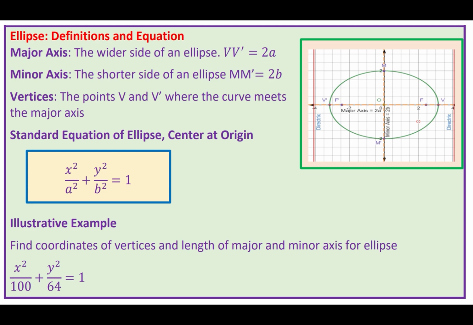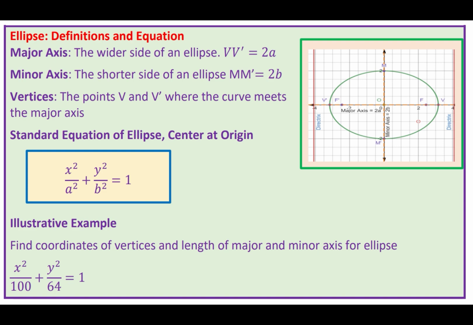Therefore, the coordinates of the vertices will be plus or minus 10, 0. The length of the major axis will be 2a, 2 times 10, that means 20. So that is how we can find the vertices and the length of the major axis.